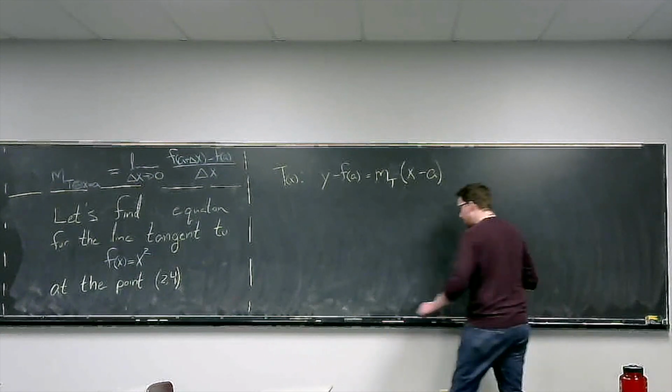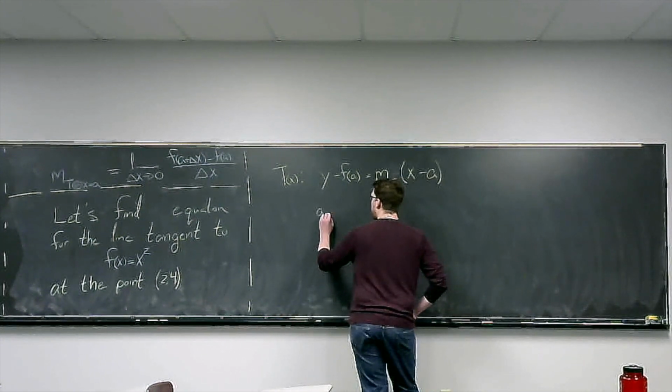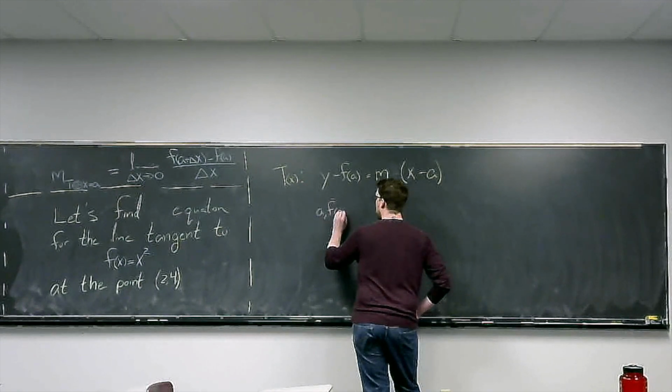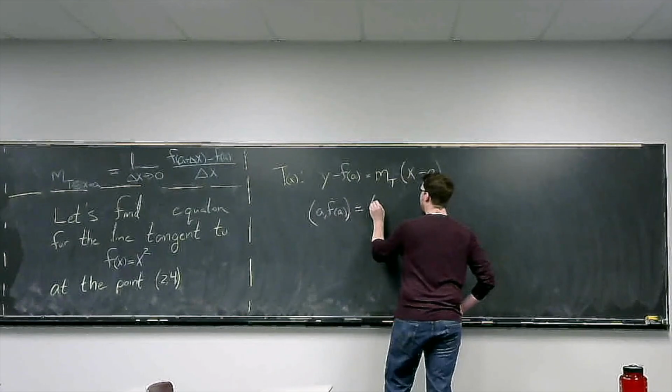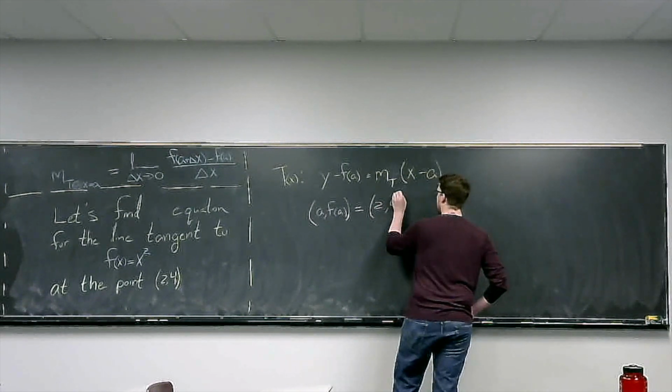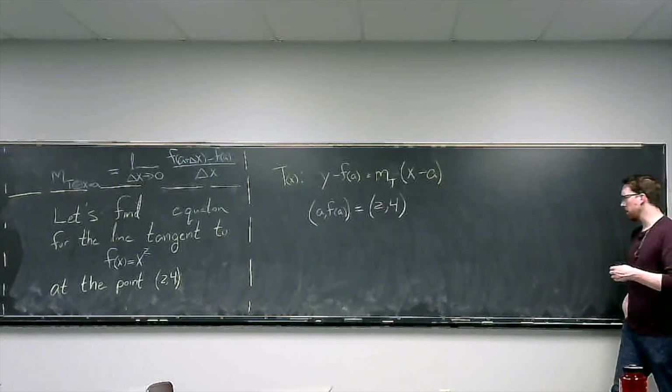Well, we want this to be the line tangent to x squared at the point (2, 4). So doesn't that mean that a, f of a is going to be equal to the point (2, 4)? Yeah, absolutely.